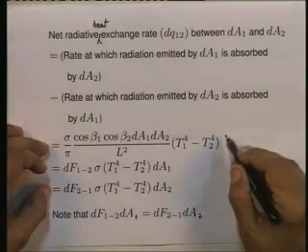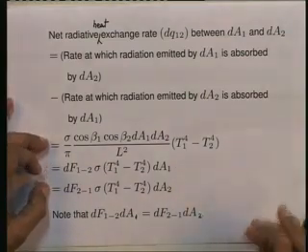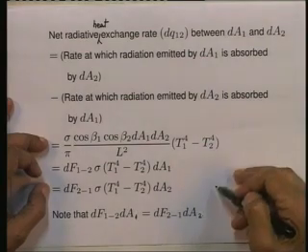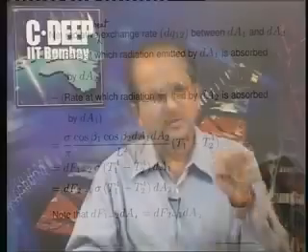So, all these are equivalent expressions which we have put down for the net radiative heat exchange rate between dA1 and dA2. And mind you, again I keep the physical meaning of shape factor in mind, that is important.